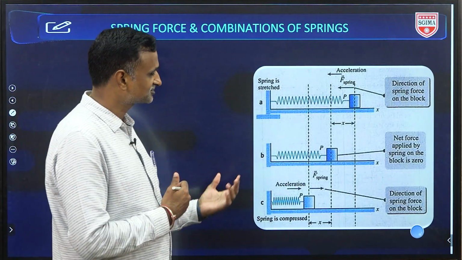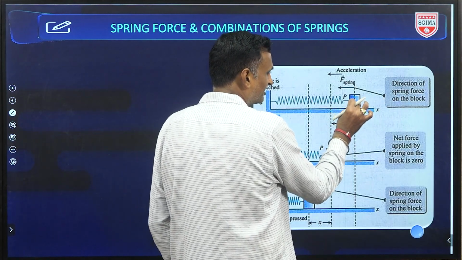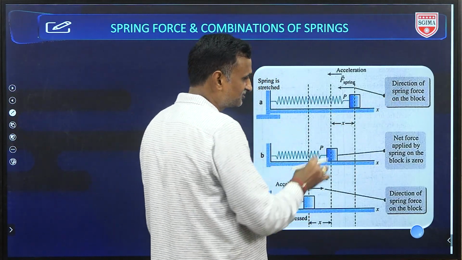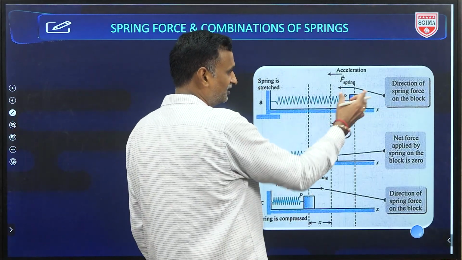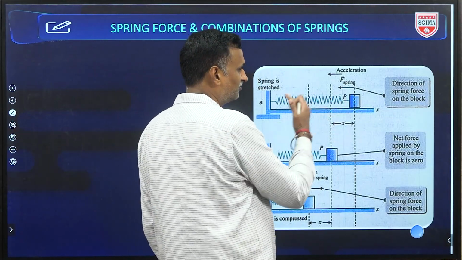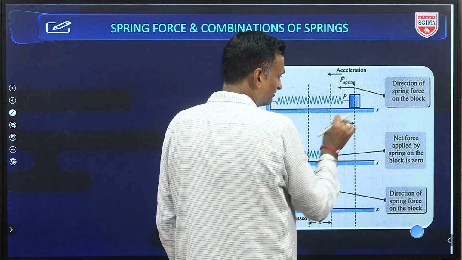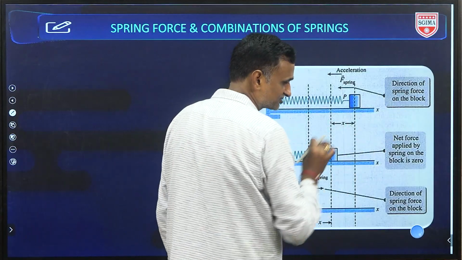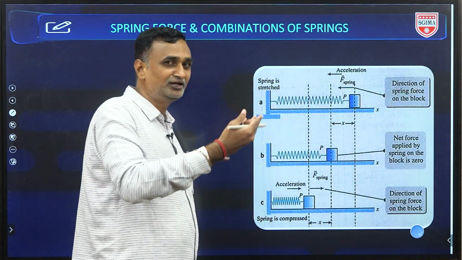And next, if we move the block by a greater distance, suppose we stretch the block by x distance and leave it, it moves back with some intensity. If we stretch the same block further, like 2x distance, on leaving this position it will go with more intensity.